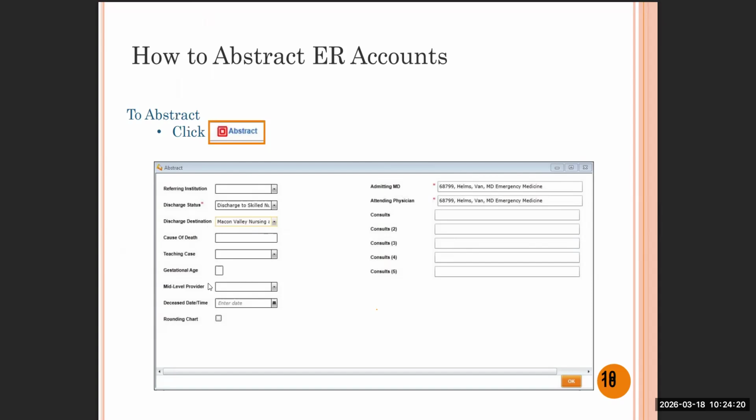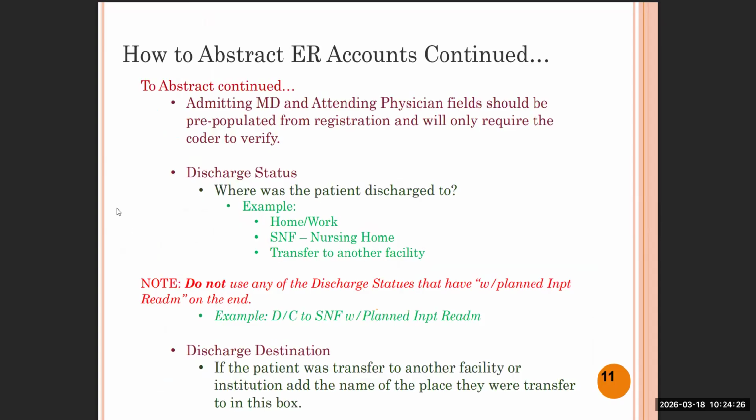This kind of detailed information you need to put in and click on OK. So you will abstract the data. To abstract the data, admit MD and attending MD fields should be pre-populated from the registration and will only require the coders to verify. So only the coder will verify who is the admit MD or attending physician, right?